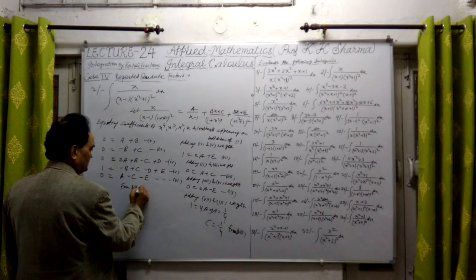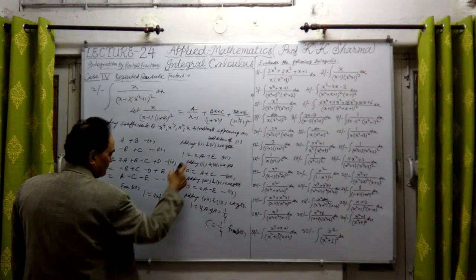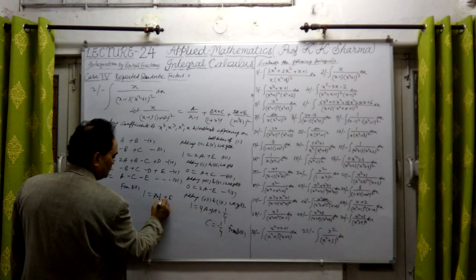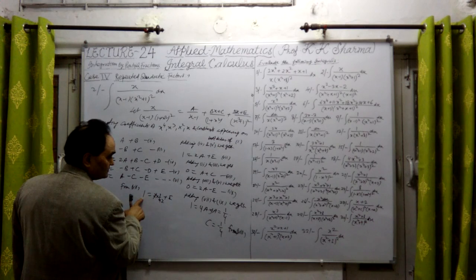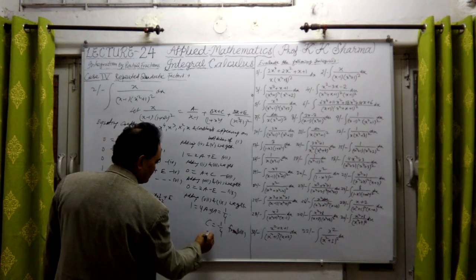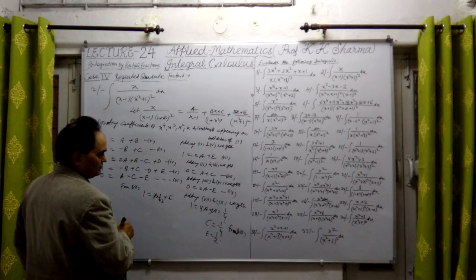From 7th, 1 equal to 2 into 1/4, the value of A, plus E. This is 1/2. If I subtract 1/2 from 1, it will be half only. E is equal to half. Okay, so E is obtained now.